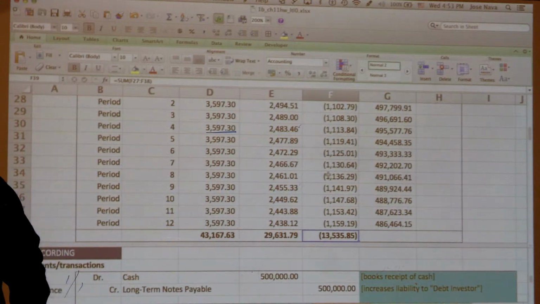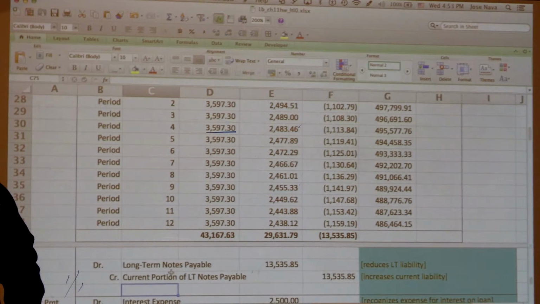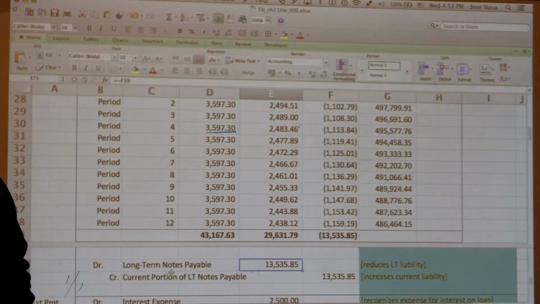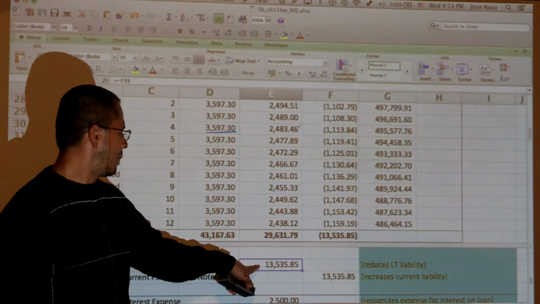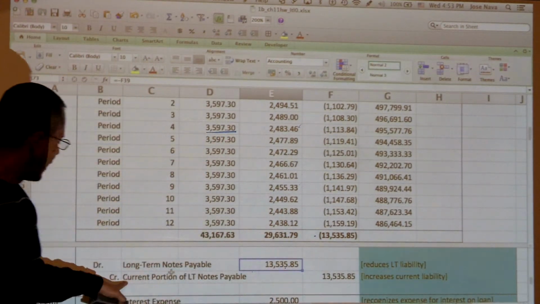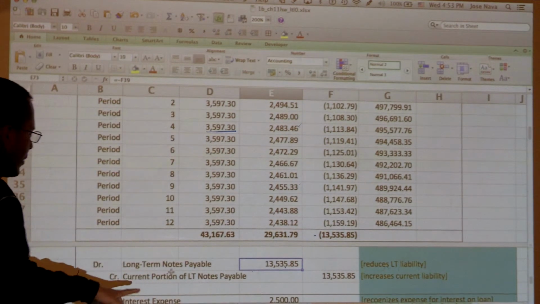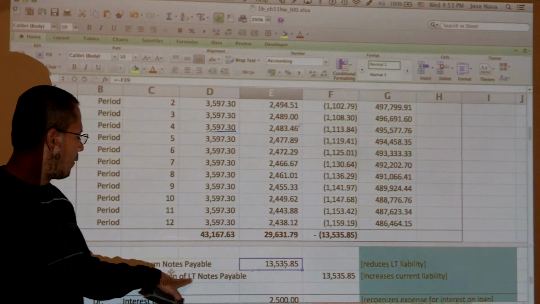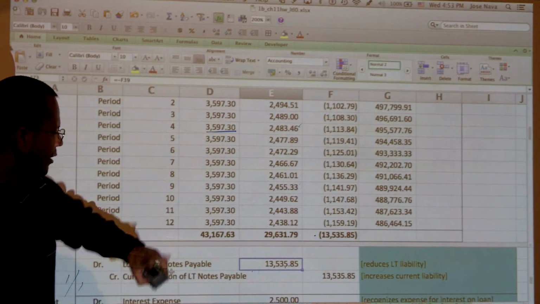If you go down to that entry, you would actually reduce the long-term note payable account by that amount and basically transfer it to a current account, current portion of long-term notes payable right there. And that's how you do the reclassification.